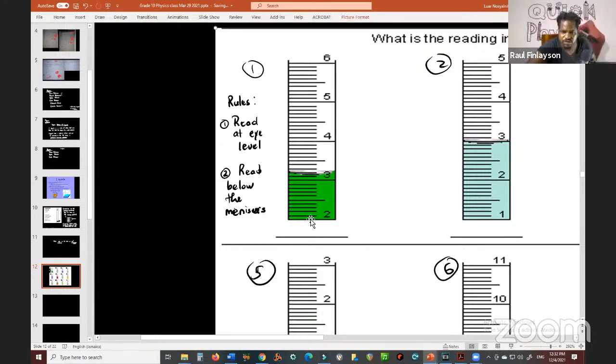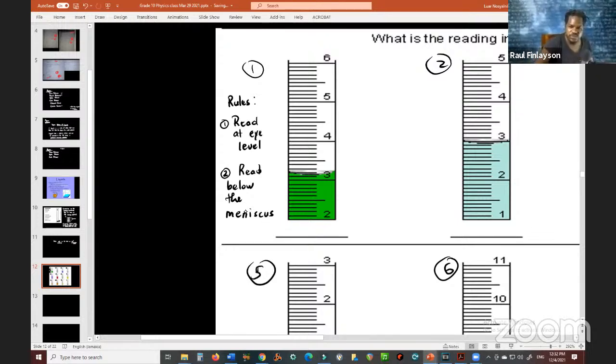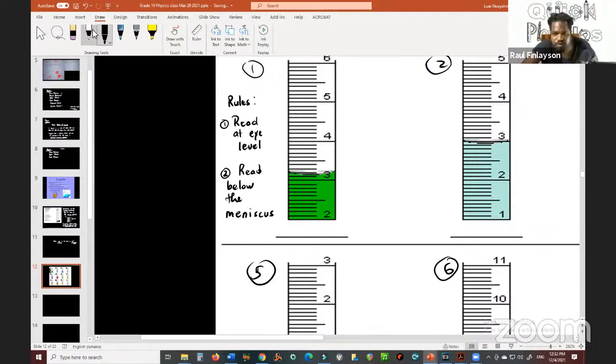All right. So I'm trying to write this word properly. It's rather elusive here. So let's go. The meniscus. Meniscus is the curved surface of a liquid. So I'm probably going to write that over here. Let's put that in white here.